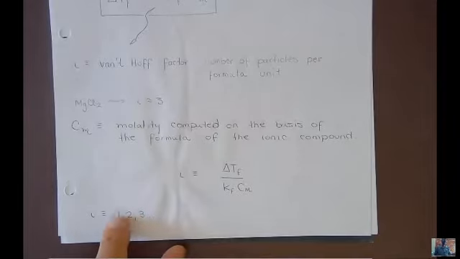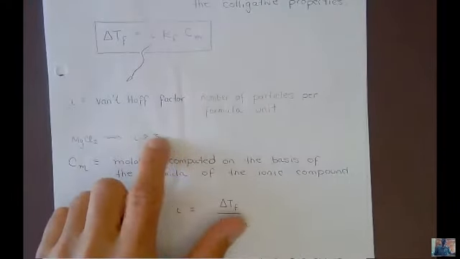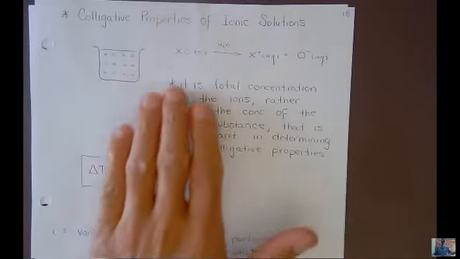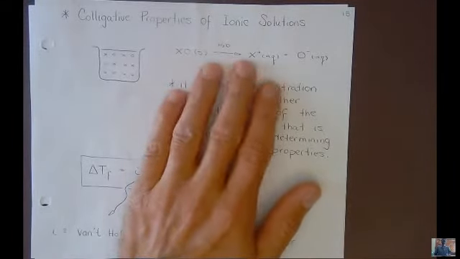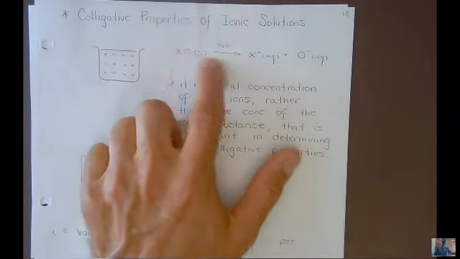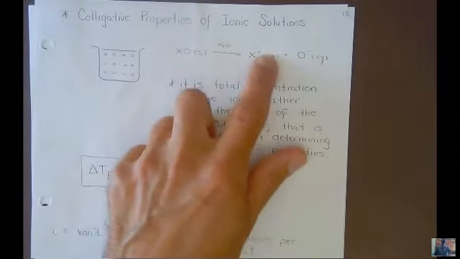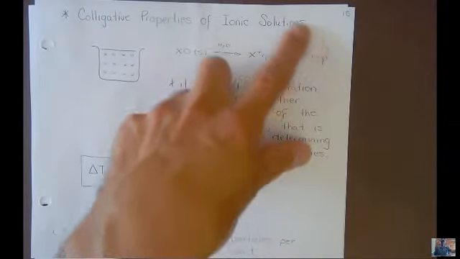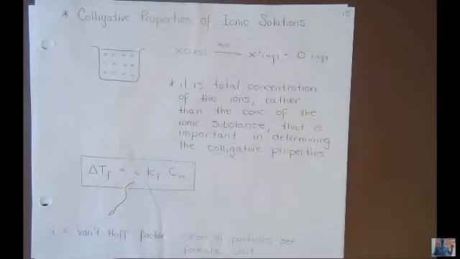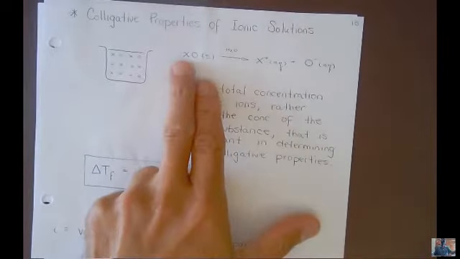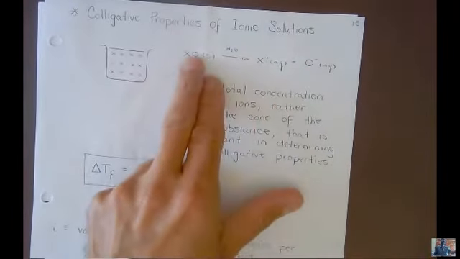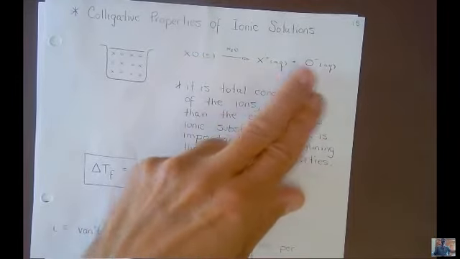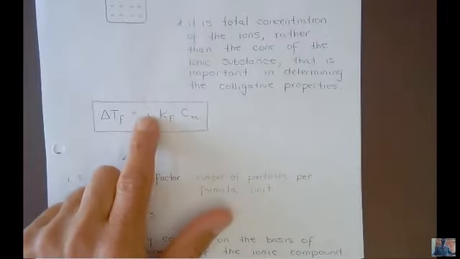Well, if i comes out like you expect when you look at the formula to be 3, but it doesn't come out to 3, it only comes out to like 2.7, what does that mean? That means that in solution, you actually have some association: a small percentage of the ions are kind of together as little units. So they don't dissolve totally like we think of in Chem 1, when an ionic substance totally dissolves into its ions. So it gets a little bit more complicated.